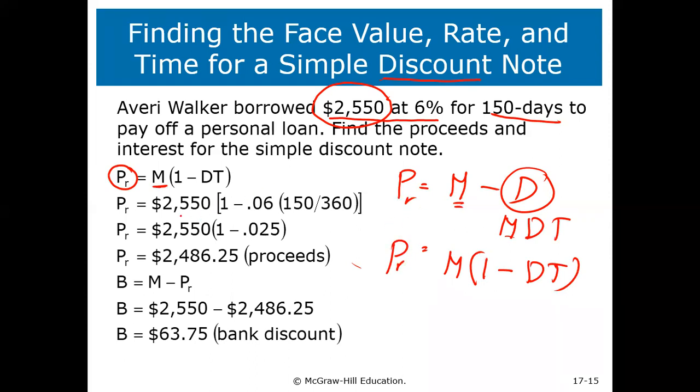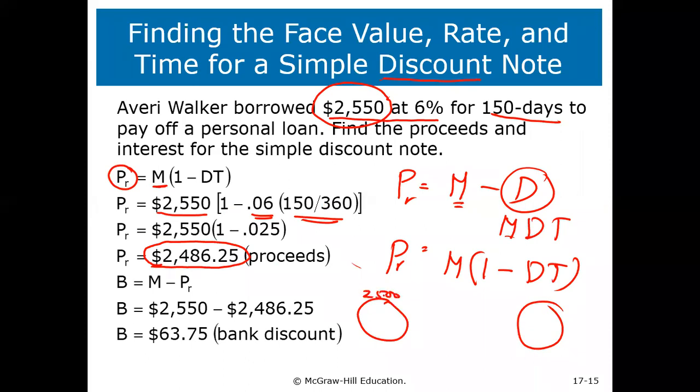So what do we get now? The maturity value is 2550. The formula is 1 minus the rate of 6% times the days converted to years. So the proceeds will be 2486.25. This is what we're going to get. We borrowed 2550, but what we're going to get is only 2486.25.